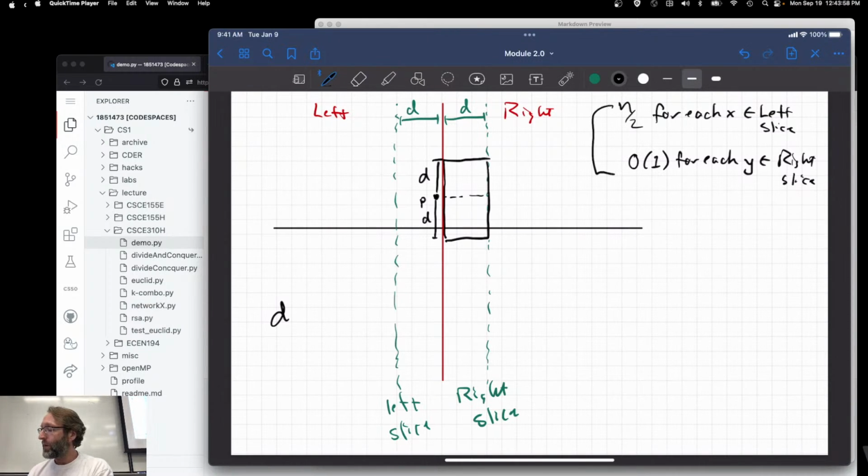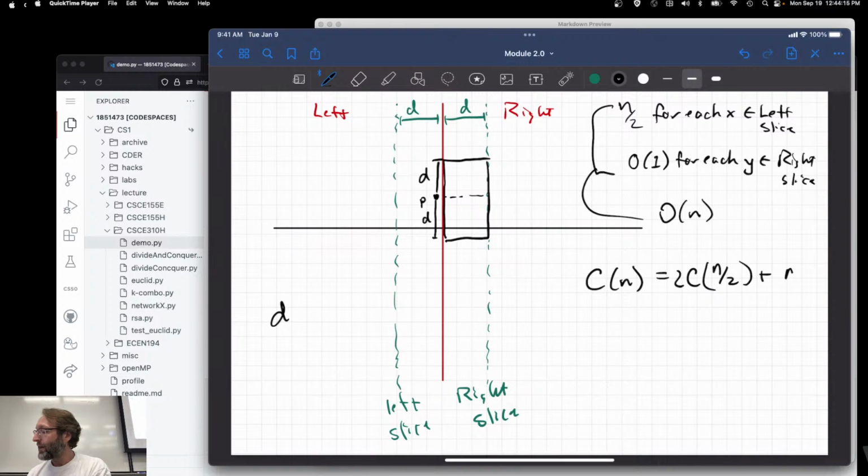Now all together, what do we have? Order n. Meaning that our new recursion is going to be 2 recursive calls on sets roughly half as big, but only a linear amount of work. With our new A, B, and D, 2 and 2, those don't change.